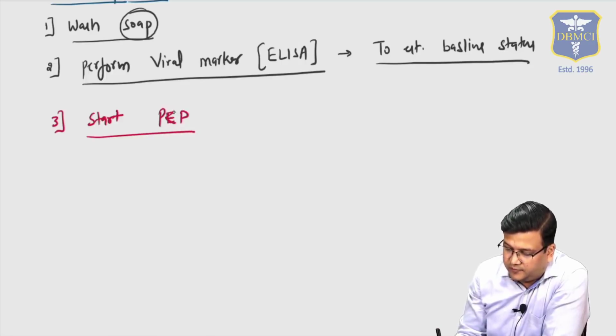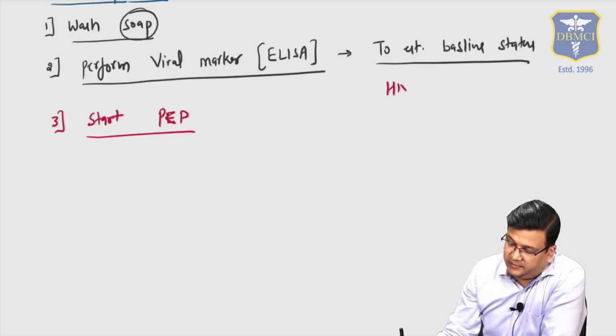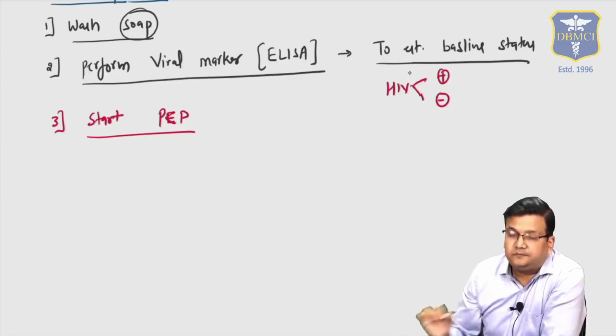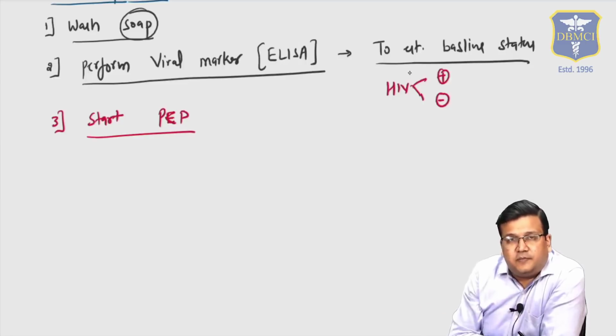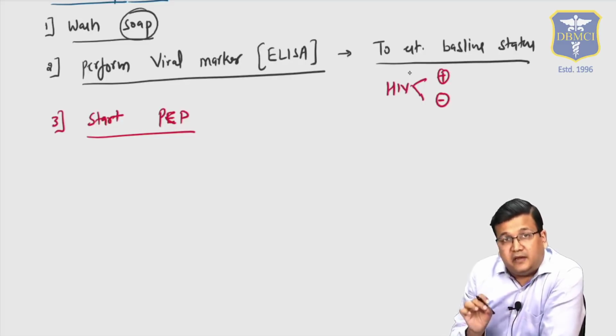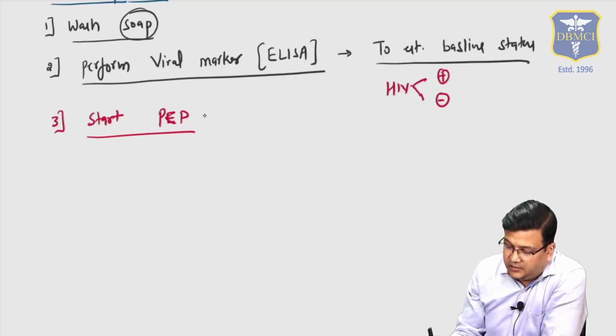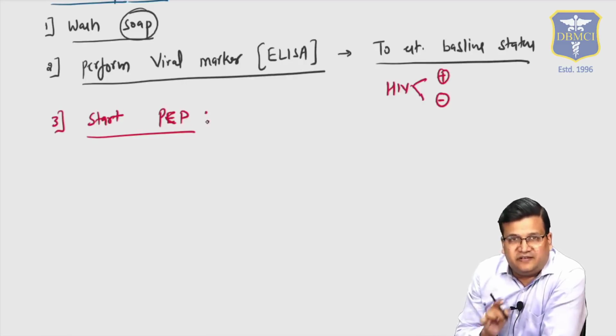Suppose the patient comes out to be HIV positive, then you are looking at a case of HIV positivity, you need to give treatment, not prophylaxis. So start post exposure prophylaxis if baseline HIV ELISA is negative.